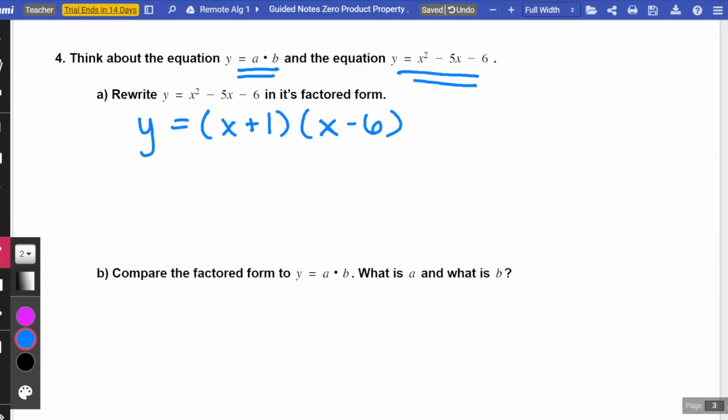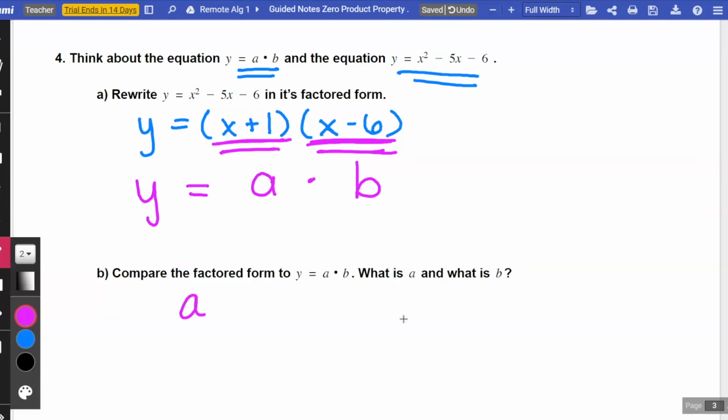Now compare that factored form to a times b. So how does that compare to a times b? Do we have something times something, a times b? Yes, we do. So that makes a x plus 1, and that makes b x minus 6, those factors.